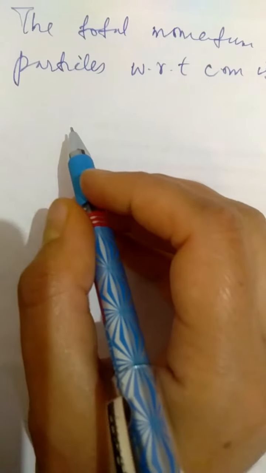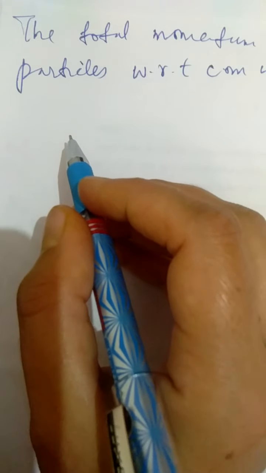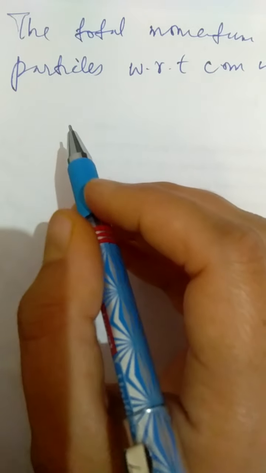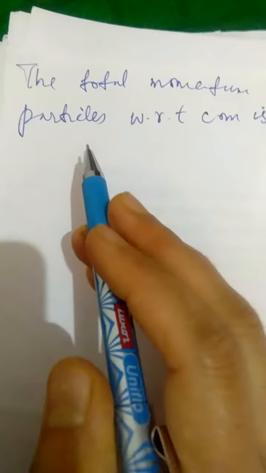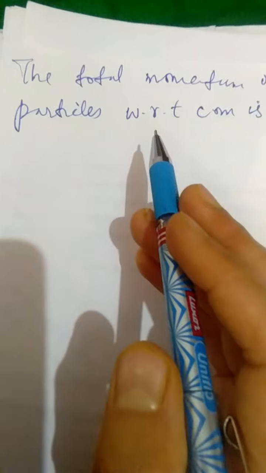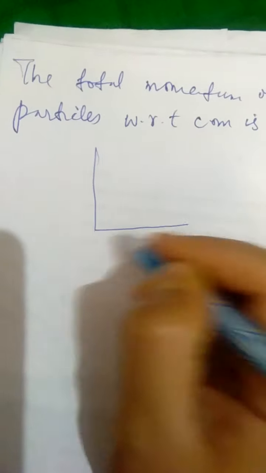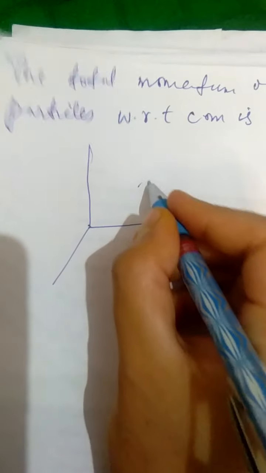In case of a rotatory motion or a vibratory motion, we know that the constituent particles of the body are in motion, so they have a certain momentum, linear momentum and angular momentum. But all we have to prove is that the total momentum of the constituent particles with respect to the center of mass is always 0. So how do we understand that? We choose any particle R.